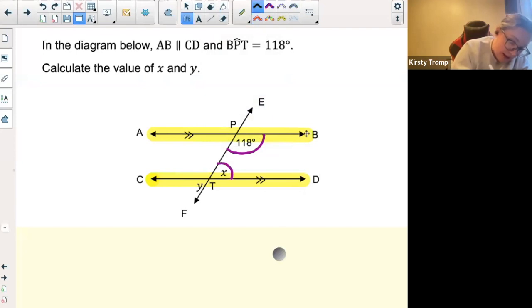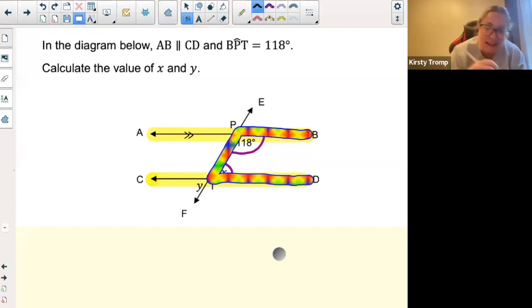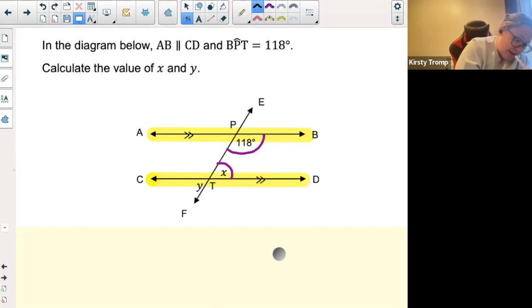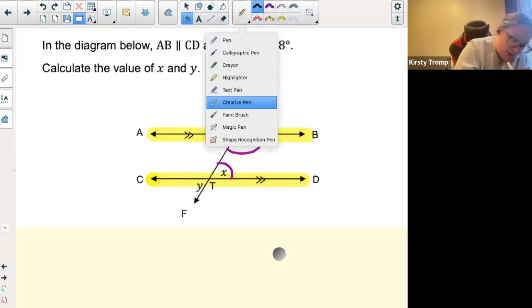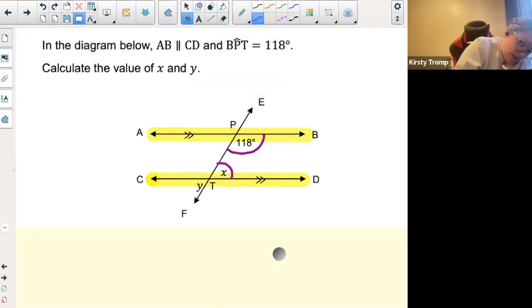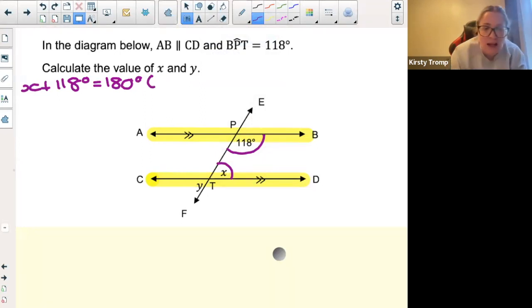If I draw my magical pen across these, I can see that those letters are on the inside of the parallel lines, and they form the letter U. So we're going to tell ourselves that angle x plus 118 degrees is going to be equal to 180 degrees. Why? Good, Siamtanda, good.